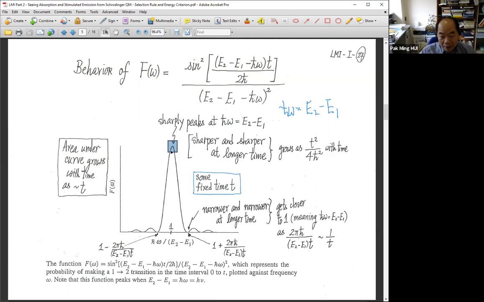All right. And then you can work out what is this value as well. As I already hinted at, if I multiplied t square over 4h bar square, okay, of course, I shouldn't do that. I have to put it back. How to cancel it?